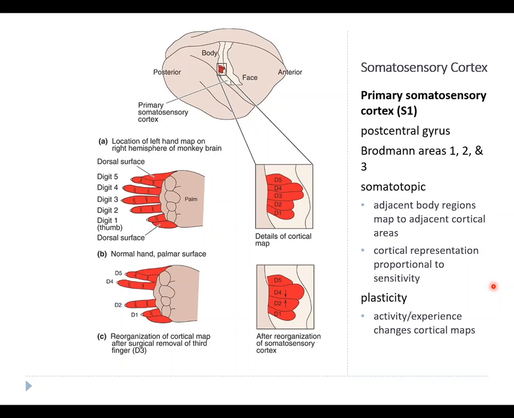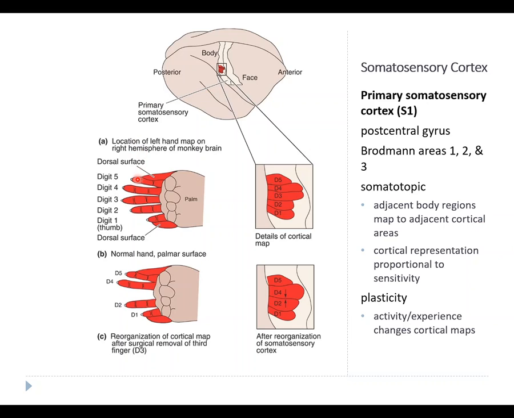So when we talk about cortical plasticity, we mean the ability of a given region of cortex to change its connectivity, and therefore change the way it's mapped out as a result of some sort of activity or experience. Again, this happens all over the brain for lots of reasons, but it's especially prominent in the somatosensory cortex. And there's lots of ways to demonstrate this.